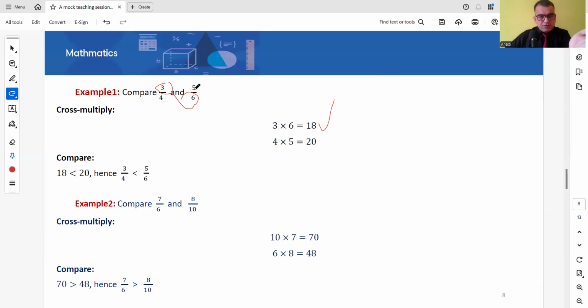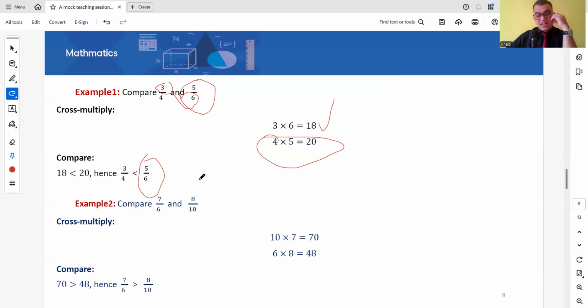And the next, 5 times 4. 5 times 4 is equal to 20. As we can see, BC is larger than AD, then we can say the second fraction is bigger than the first one. This one is bigger. Is it clear?